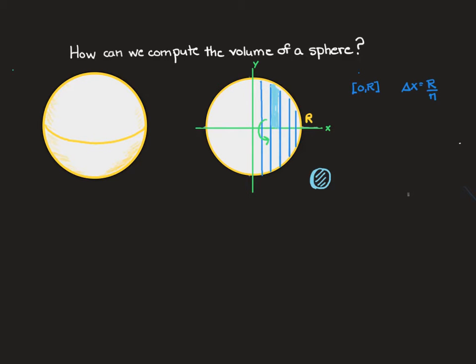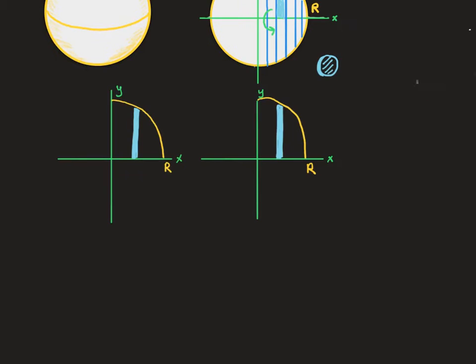So let's take a look at this. We can take this region, shaded in blue, and rotate it about the x-axis, and we'll get this disc. It's just the same thing that we had done above. But we could also take this same region and instead rotate it about the y-axis to get a cylinder, and we could build up the sphere that way as well.